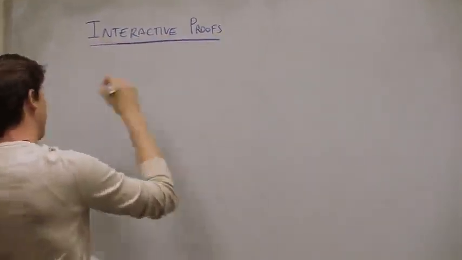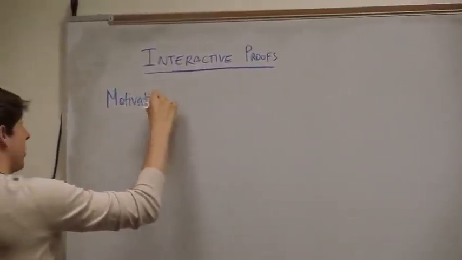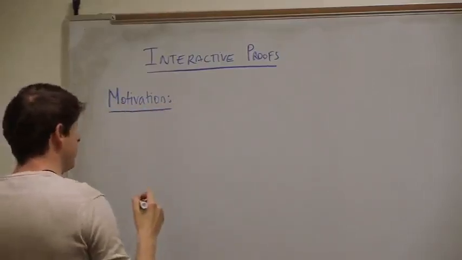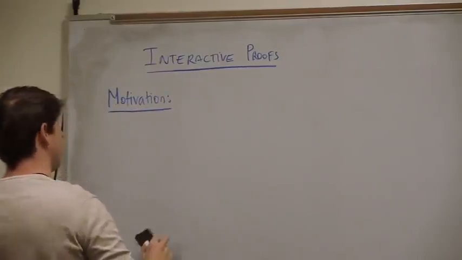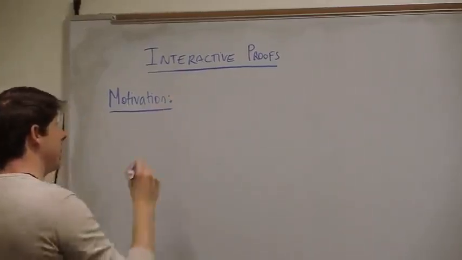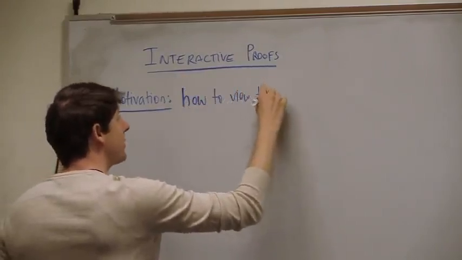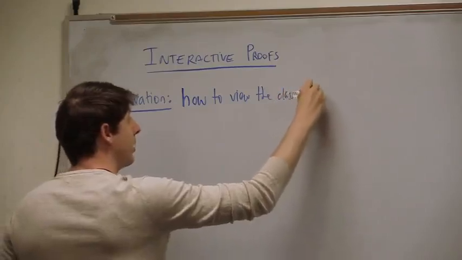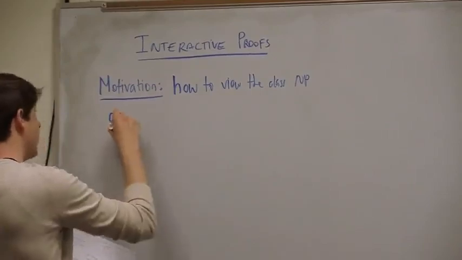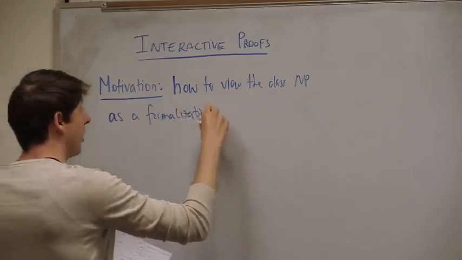And first, as a motivation, we're going to first discuss how to view the class NP, which we have seen several lectures ago, as a formalization of what we can call standard proofs.